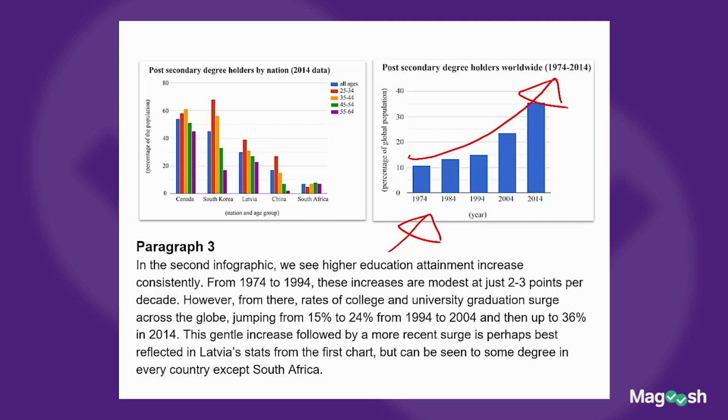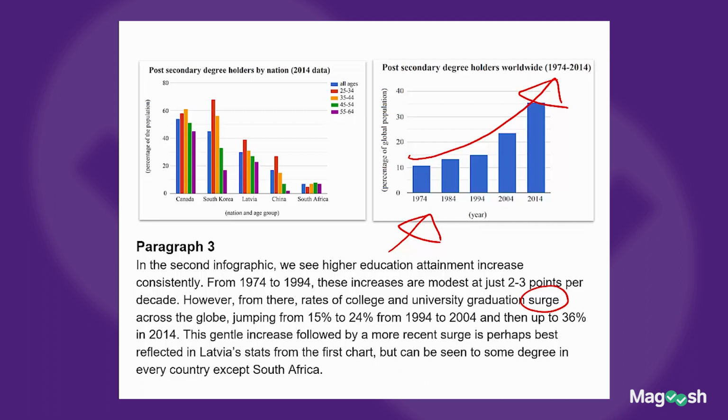However, from there, rates of college and university graduation surge across the globe. Okay, surge, they increase rapidly, jumping from 15% to 24% from 94 to 2004, and then up to 36% in 2014. This gentle increase, followed by a more recent surge, is perhaps best reflected in Latvia's stats from the first chart.